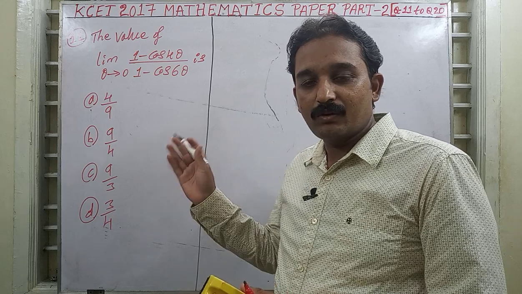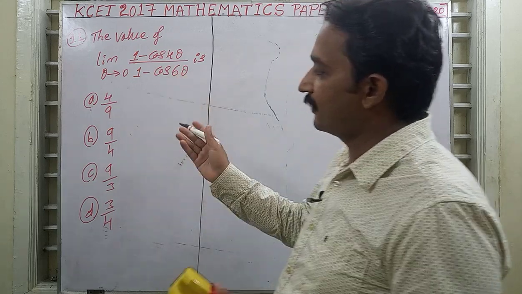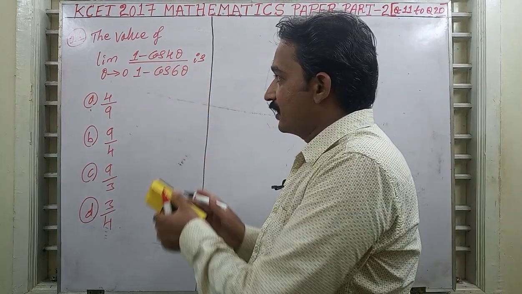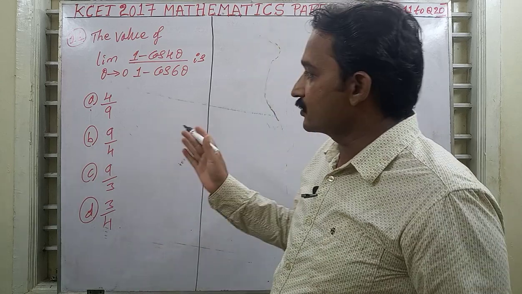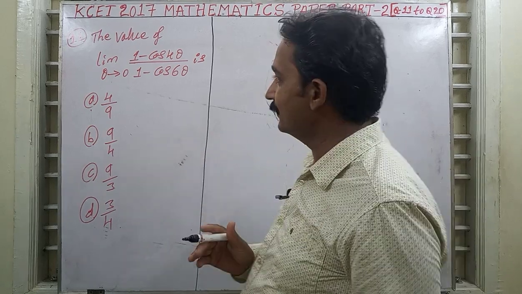Usually they ask one question on this chapter in KCET. So in this question we have to find out the value of this limit. I am not solving this question by the usual method, but by a shortcut method, a beautiful method.